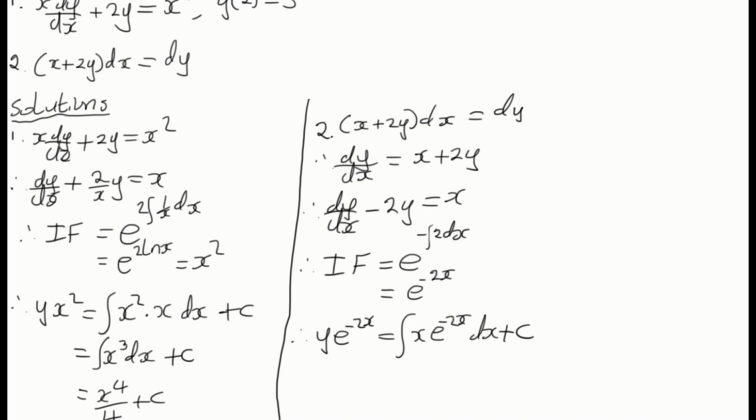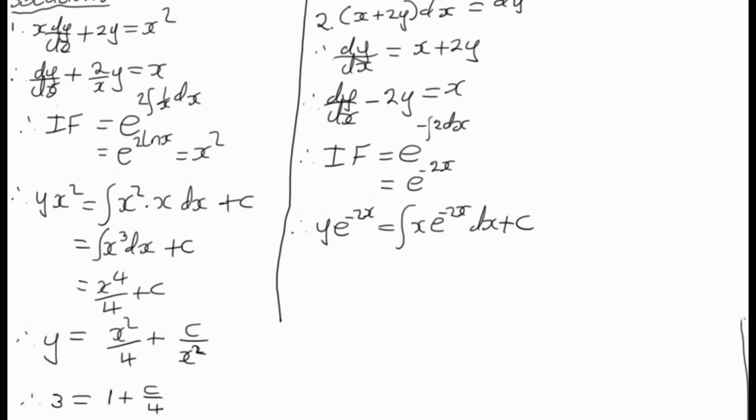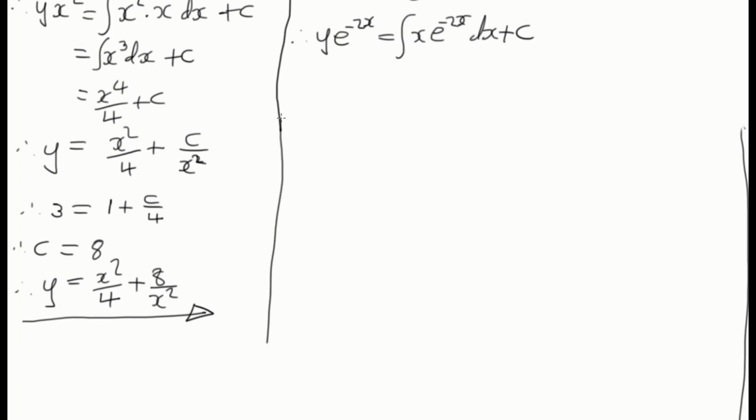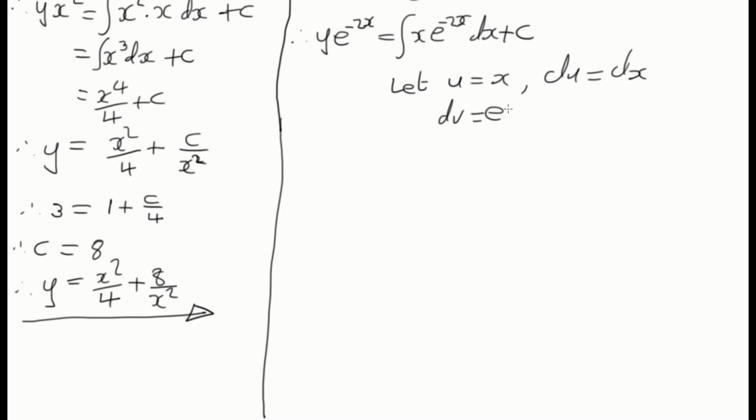When we try to perform this integration, it seems we're having integration by parts. So let us try to solve this integration by parts first, then we have our solution afterwards. We can let u is equal to x, which therefore means du is equal to dx. It therefore means dv is equal to the exponent, which will therefore give us v is equal to e to the minus 2x all over minus 2.